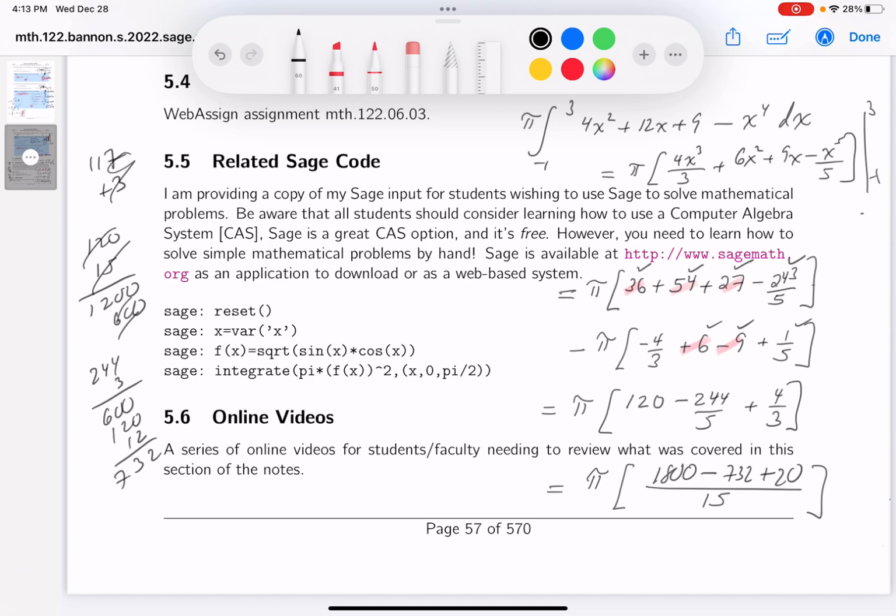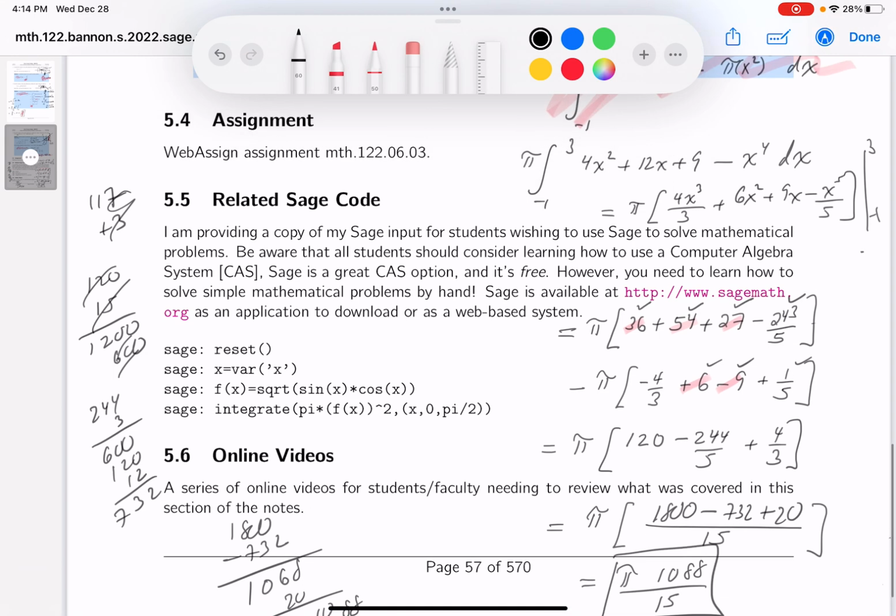Let's see, 1,800 minus 732. That's going to be 1,068. And 1,068 plus 20 is 1,088. Let's write that down. So it's going to be pi 1,088 over 15. Let's see how we did.